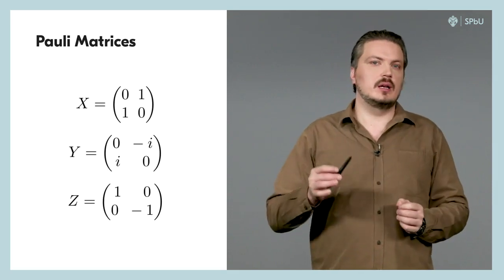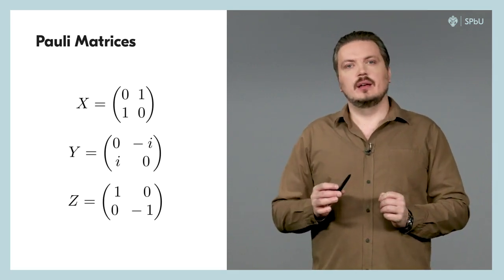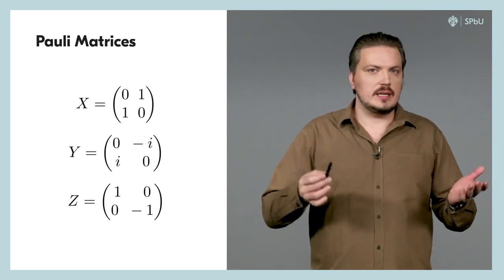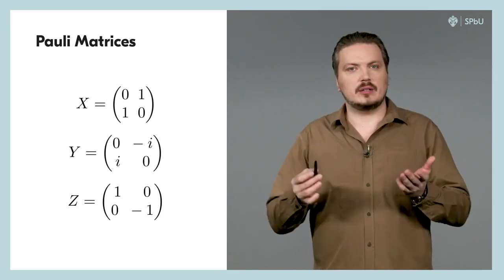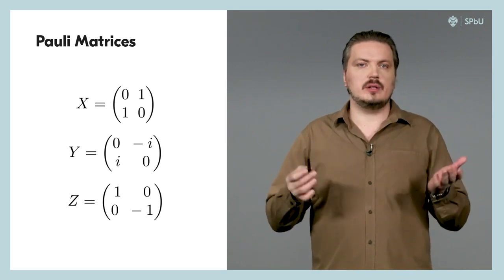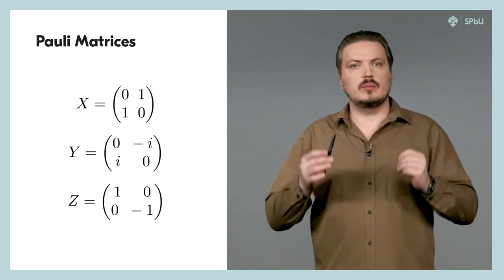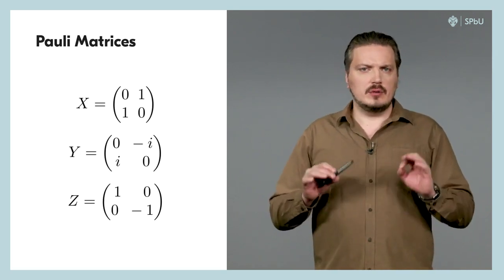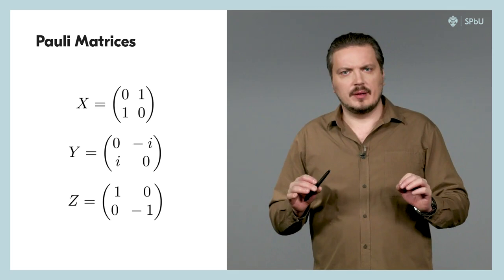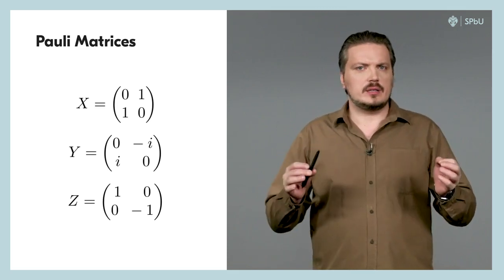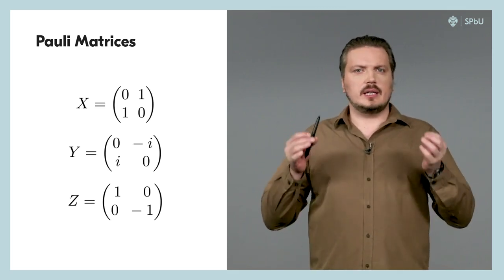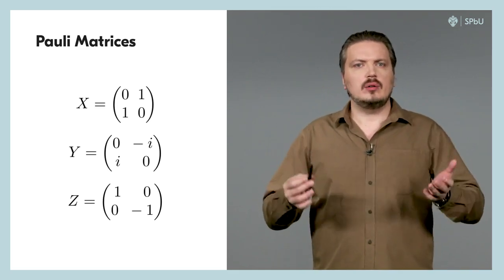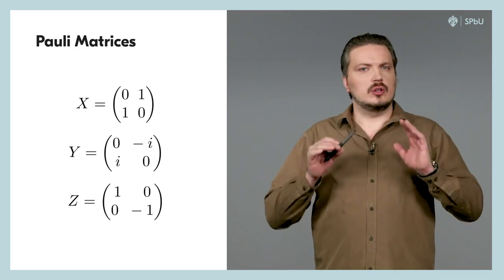Let it be a small exercise. These three matrices, X, Y, and Z, are called the Pauli matrices, after the German theoretical physicist Wolfgang Pauli. They have many wonderful properties, which we will not consider here. The important thing for us at this point is that each Pauli matrix is an observable, with all eigenvalues being non-degenerate.